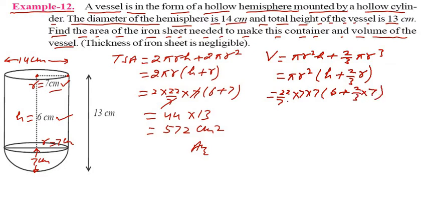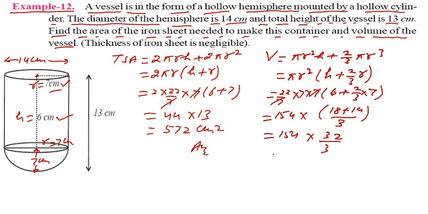Now we can calculate it, 7 cancels, so 154 into 32 upon 3, and we can multiply this and get the answer.